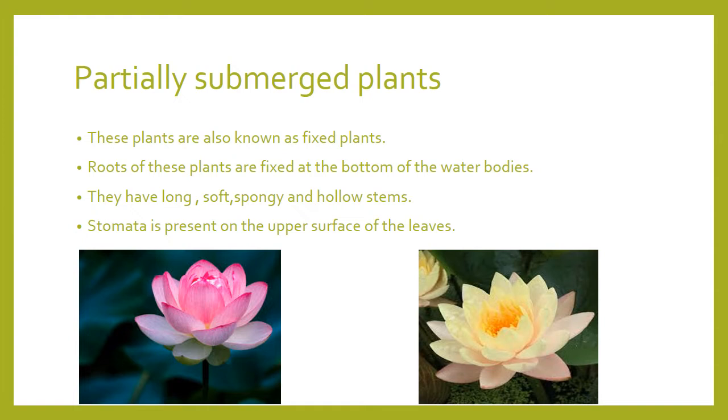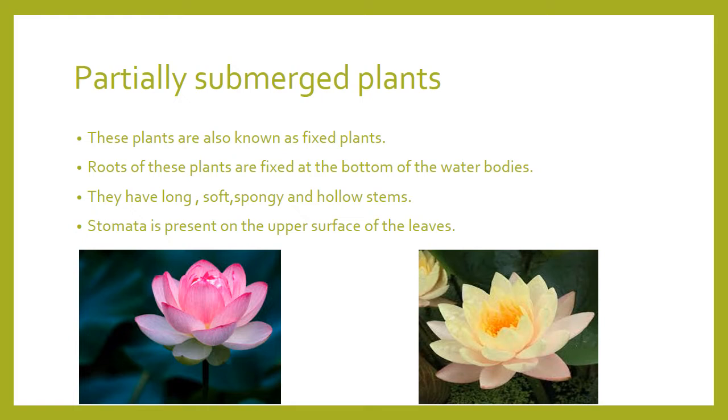Because of this, these plants are also known as fixed plants. Second, their flowers, fruits or leaves are on the water surface, so they have a long stem, and also a spongy and hollow stem which makes the plant light to stay on the water surface.